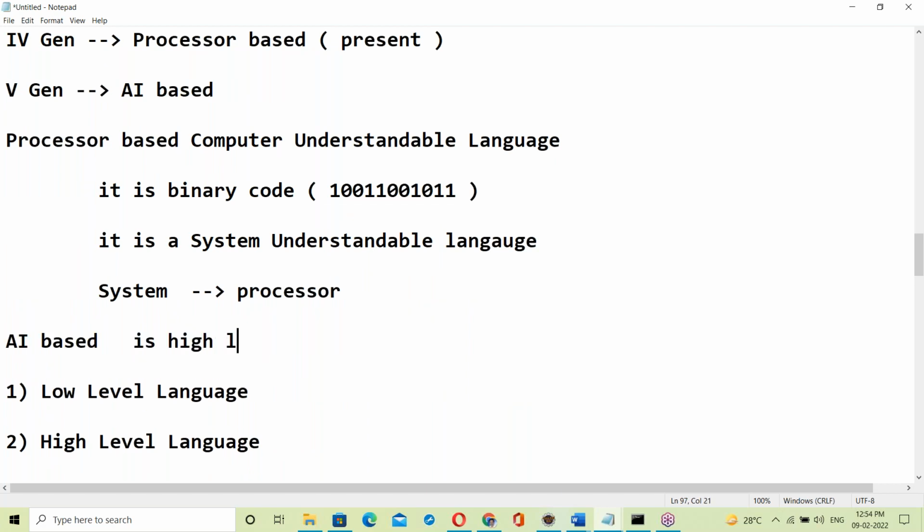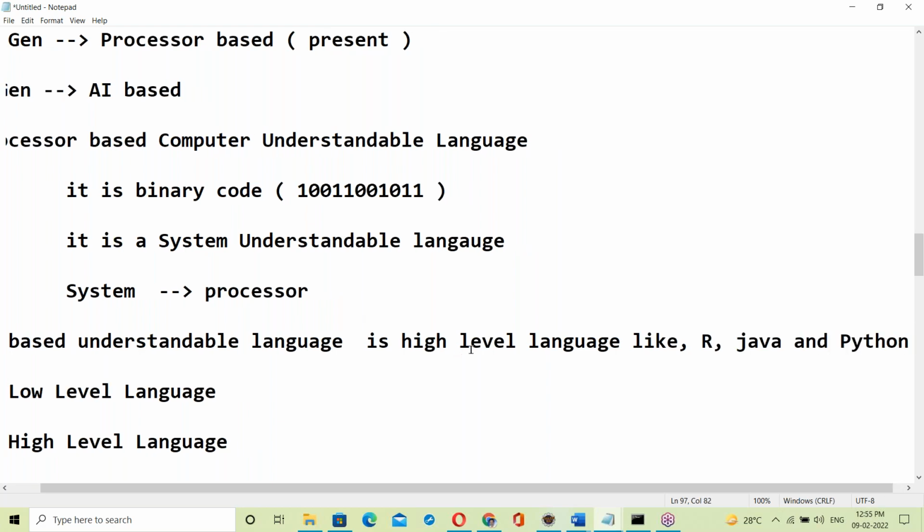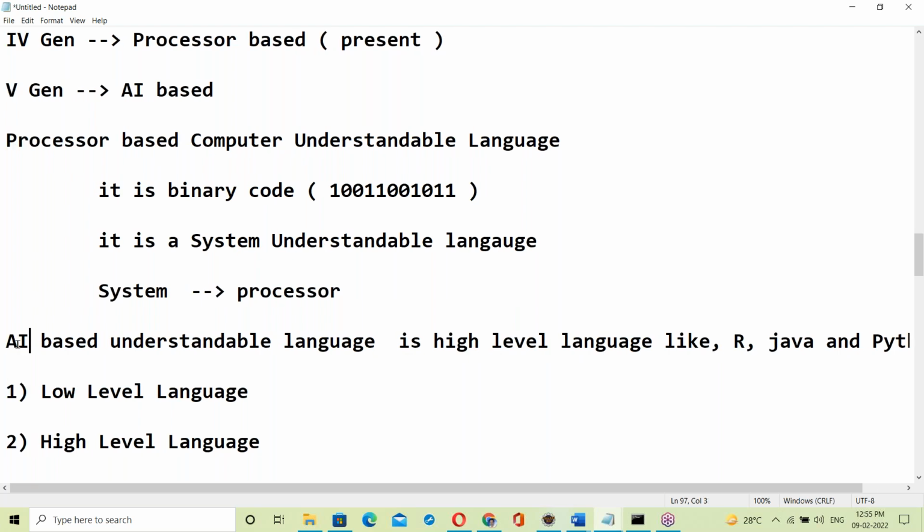AI based computers understand high level language, like R, Java, and Python, which are mostly used. So an AI based understandable language is a high level language. An AI based computer can understand high level language.